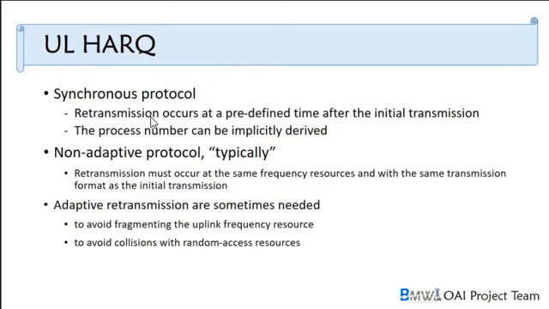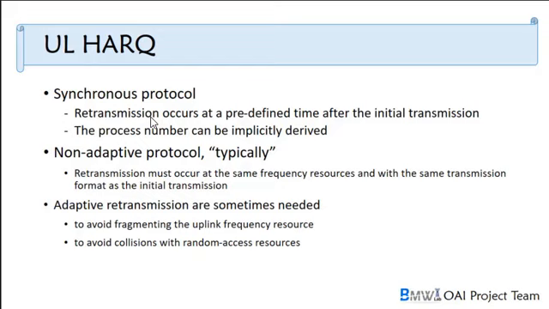In uplink, there is HARQ and a synchronous protocol, of course, and the function is that retransmission occurs at a predefined time after the initial transmission, and the process number can be implicitly derived. And non-adaptive protocol, this is the typical way.